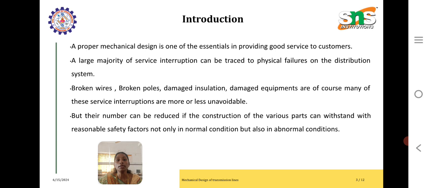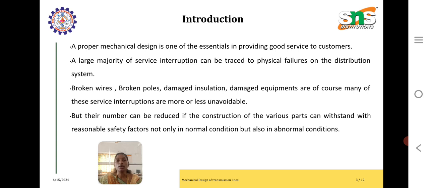The problem may happen, but the number of times the problem happens can be reduced by constructing various parts which can withstand reasonable safety factors. A small minor issue may rectify by itself, and for a larger issue alone it takes more time.